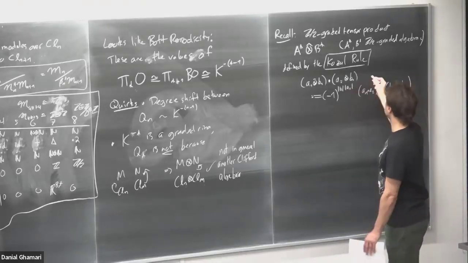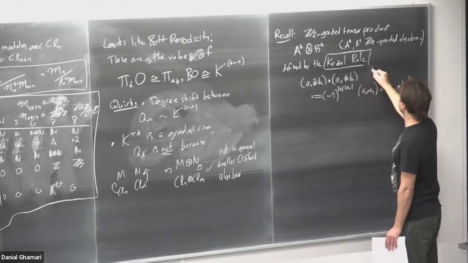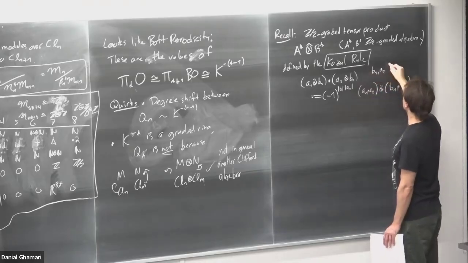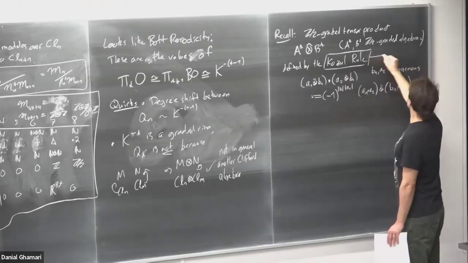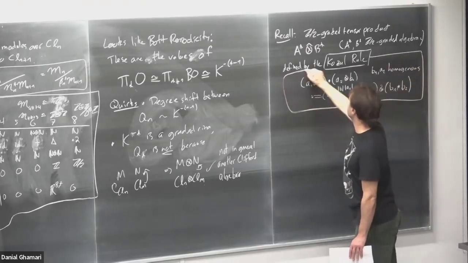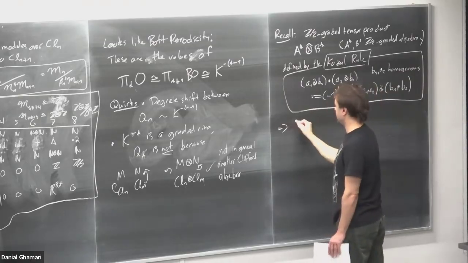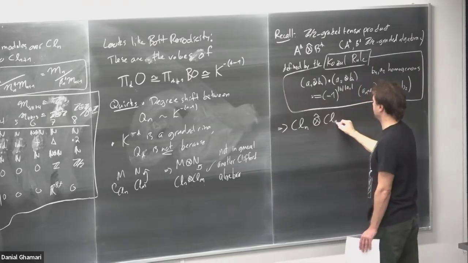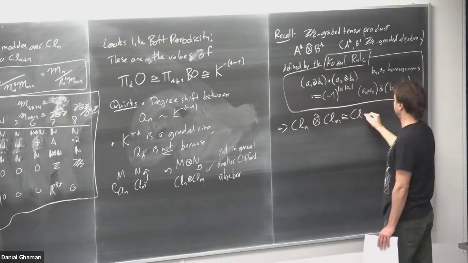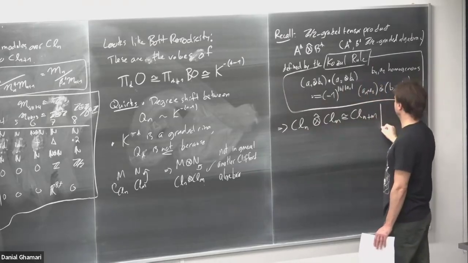So there's a Koszul rule that we use to define this. And we had a result that says that if you put CLN hat tensor CLM, this is CLN plus M.